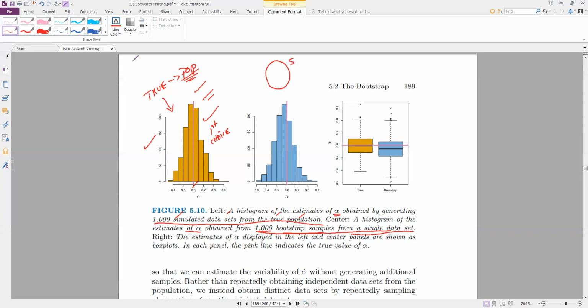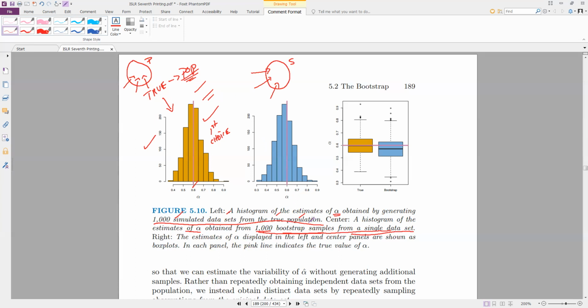This one here, what should I write? Population. First choice, second choice. Bootstrapping, samples from the sample. The best way, or at least nearly the best way, is to sample from the population. So you see the difference.